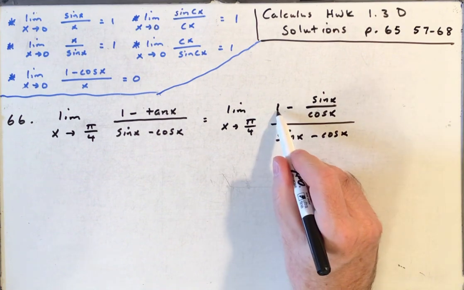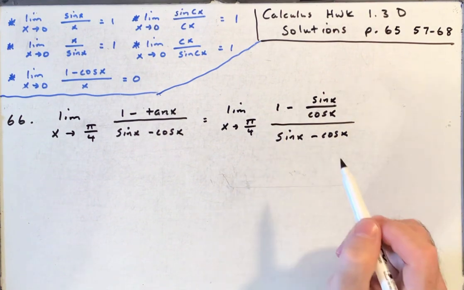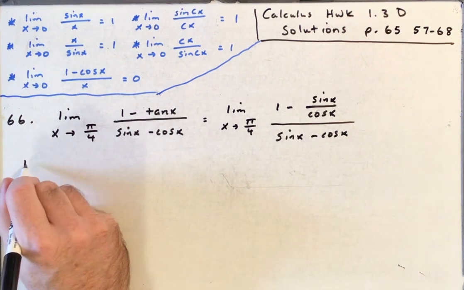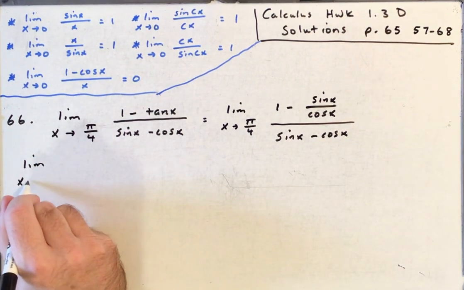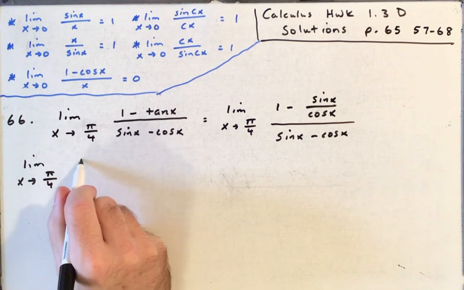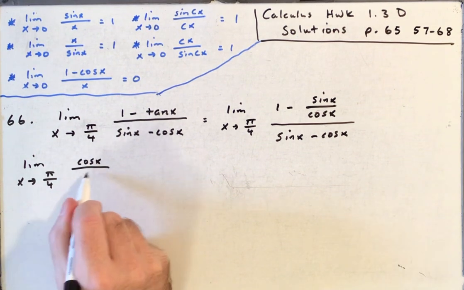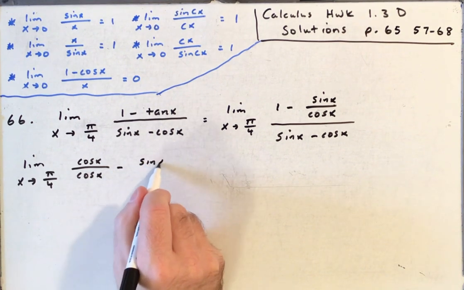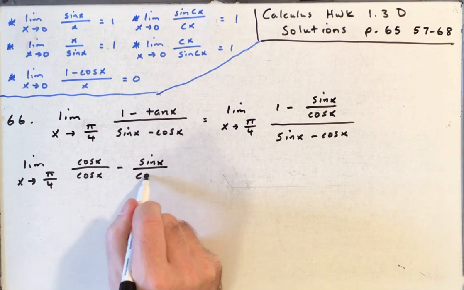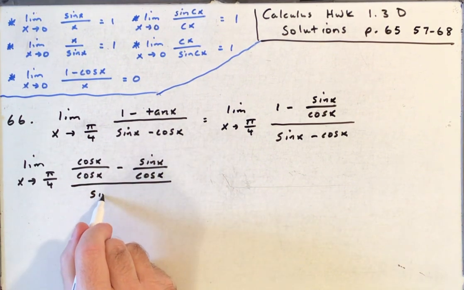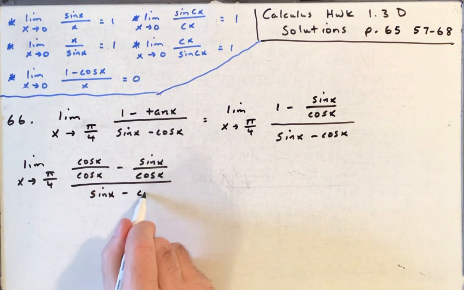Okay, let's rewrite that number 1 a little more cleverly. How about cosine over cosine? So we've got the limit as x approaches pi over 4 of cosine x over cosine x minus sine x over cosine x over sine x minus cosine x.